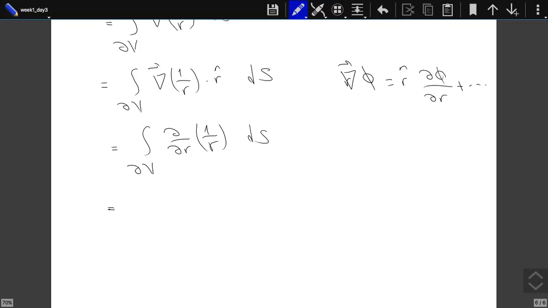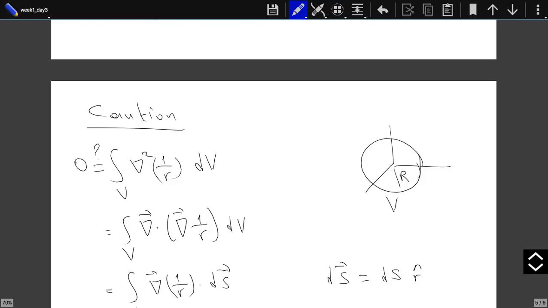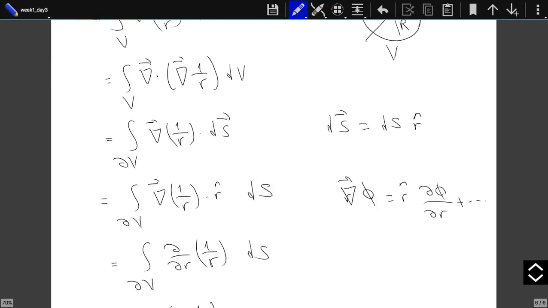This is equal to the integral on the boundary of minus 1 over r squared. Now I can replace it with large R squared because, at least in the simple surface I have chosen, a sphere, every point on the surface has radial distance capital R. So everywhere on the surface, R is fixed.